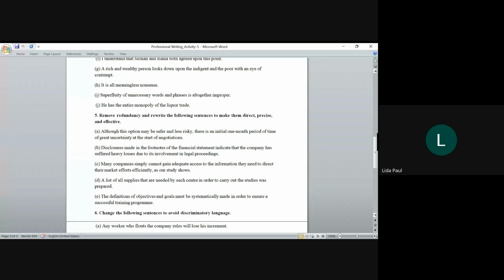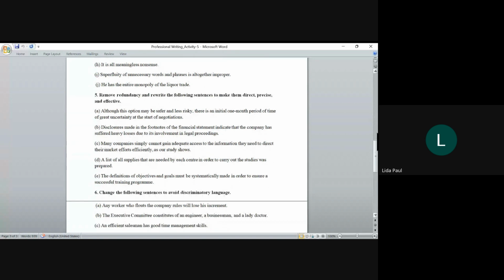Now, E, last one here. "The definitions of objectives and goals must be systematically made in order to ensure a successful training program." Ma'am, we can remove one of the things, objectives or goals. Correct. You can either keep objective or goal.